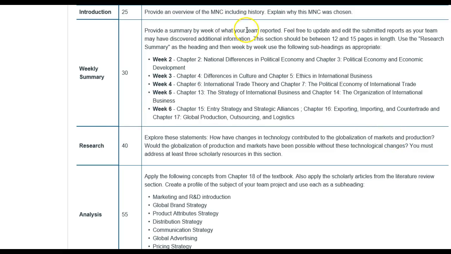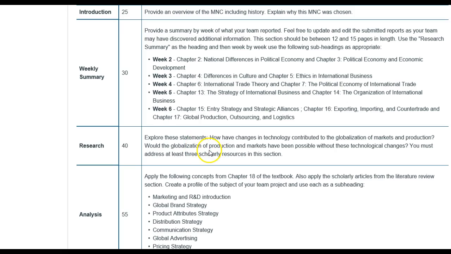So you have actually, to some extent, answered these questions as to your MMC already, but we're going to expand it out to just a general answer to these questions through all companies out in the world in the globalization process. All right, so you get a total of 70 points for these 2 sections, 30 points for essentially giving you a Reader's Digest of your previous work, and then the 40 points for answering these 2 questions.